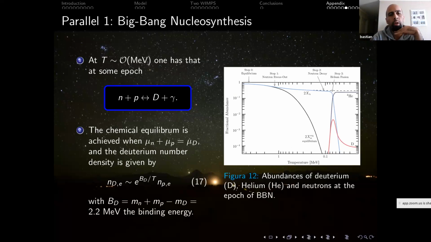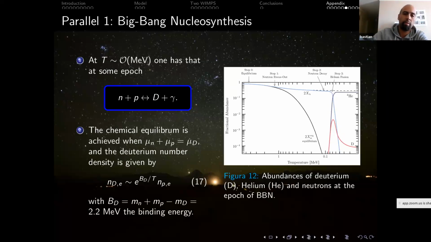This occurs at temperatures near the MeV scale, and in the plot on the right you can see in red this increasing behavior for the deuterium.